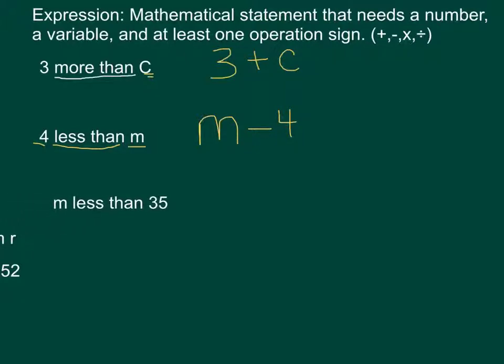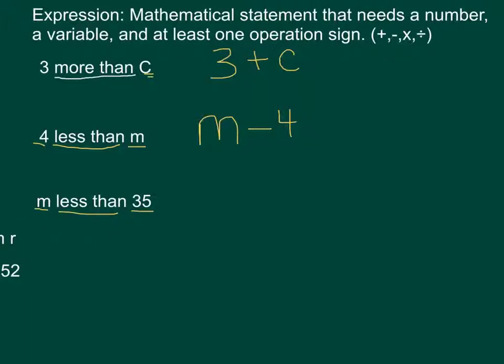Here's another example. M less than 35. Okay, here's a little bit different. You've got your variable, you've got your number, and now here we have the less than again. So M less than 35. Do we start out with M?